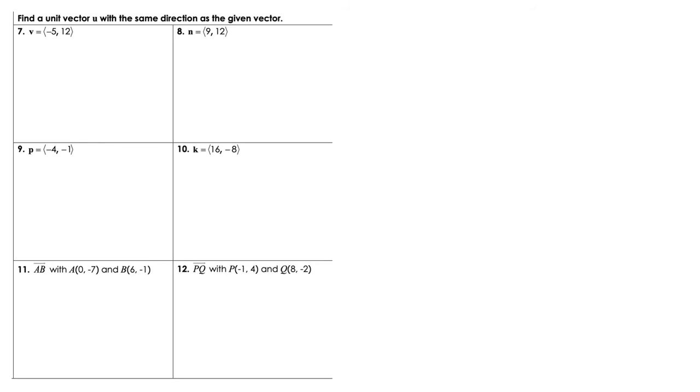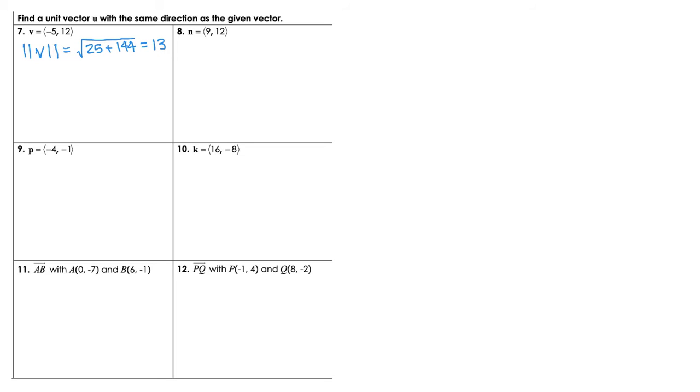So let's find the unit vector of some of these problems. The first thing you're going to do is find the magnitude of vector v. It's going to be the square root of 5 squared plus 12 squared, 144. And so you'll put that in your calculators, and that should give you 13.